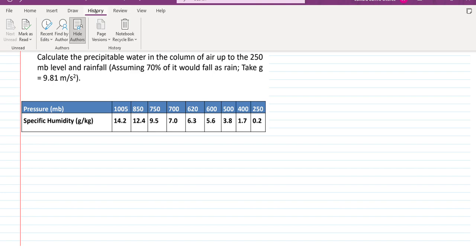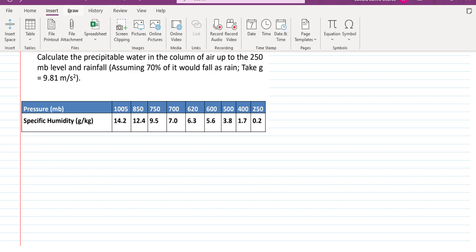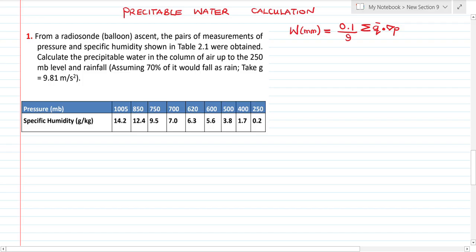So the first thing we are going to do is continue this table and fill the table.